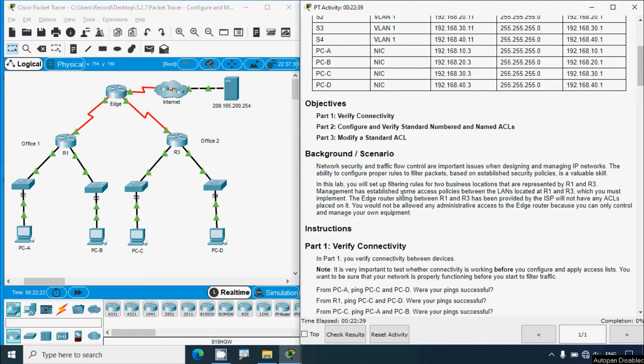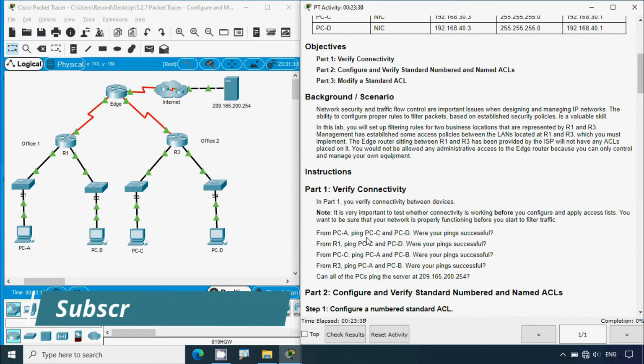Management has established some access policies between the LANs located at R1 and R3, which you must implement. The edge router sitting between R1 and R3 has been provided by the ISP and will not have any ACLs placed on it. You would not be allowed any administrative access to the edge router because you can only control and manage your own equipment.